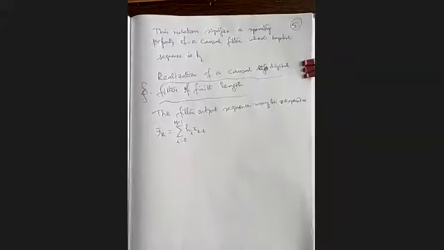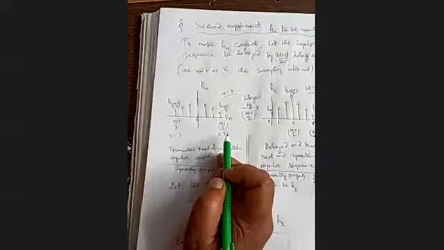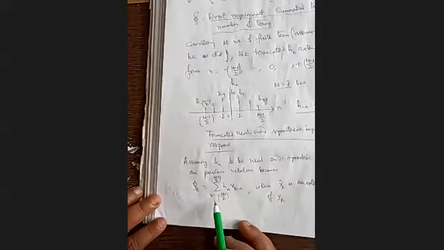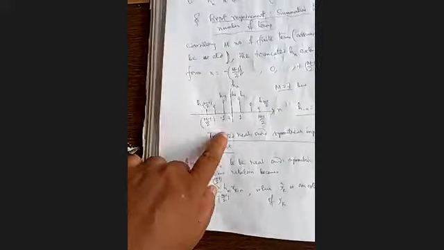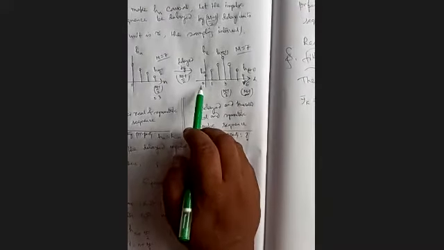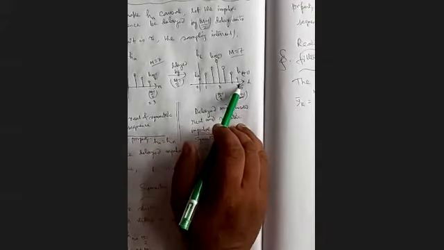Note that in previous case our n was varying from minus m minus 1 by 2 to plus m minus 1 by 2. That is our thing. Already I showed you. Okay, with respect to 0. But after we introduce a shift by m minus 1 by 2 amount, our N will be varying from 0 to m minus 1.